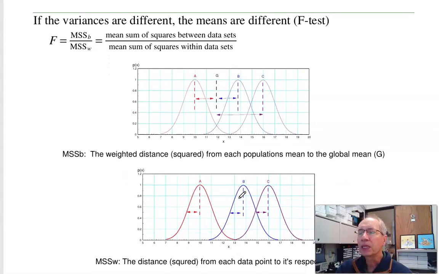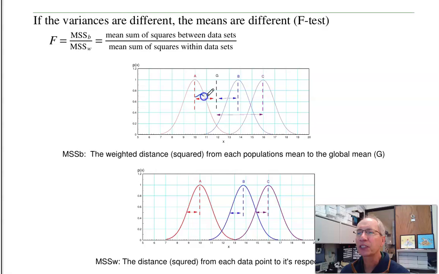And what you do is I create 2 numbers, the mean sum squared between columns, between data sets, and mean sum squared within data sets. The mean sum squared between data sets is what is the variance relative to the global mean? How much does A vary versus the global mean? How much does B vary versus the global mean? And C. That's the numerator. The denominator is how much each data set varies relative to its own mean.